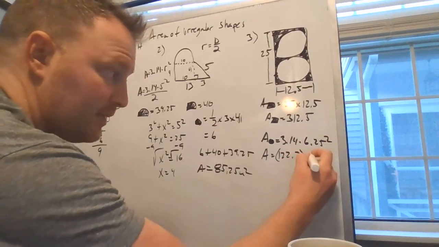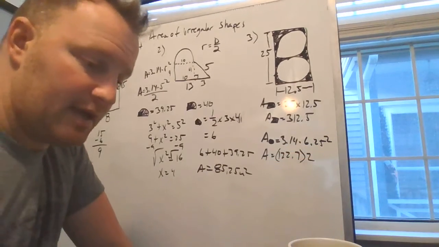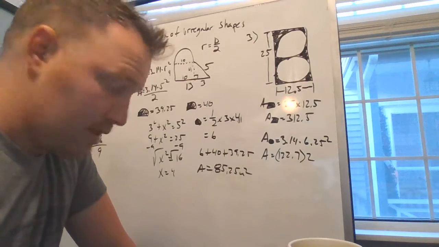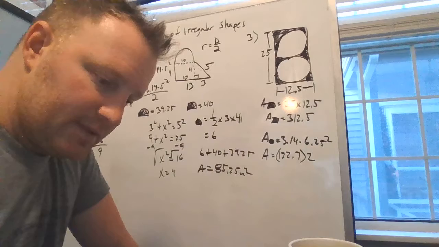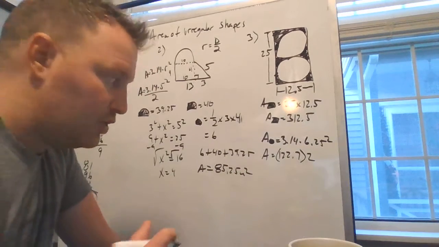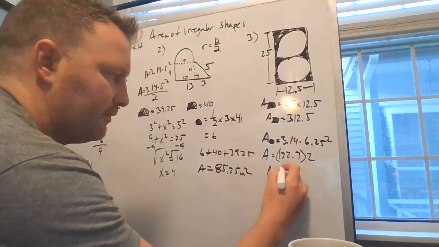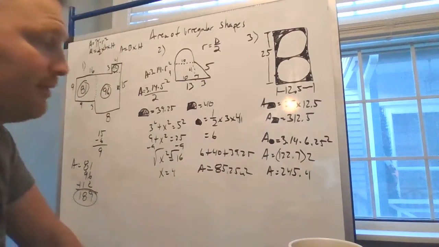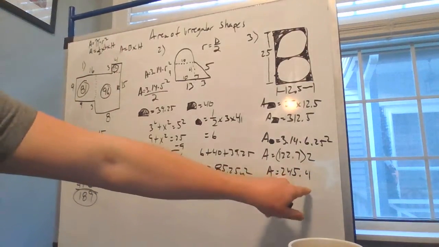I'm going to multiply this by 2 because I need the area of both of my circles. 122.7 times 2 is 245.4.